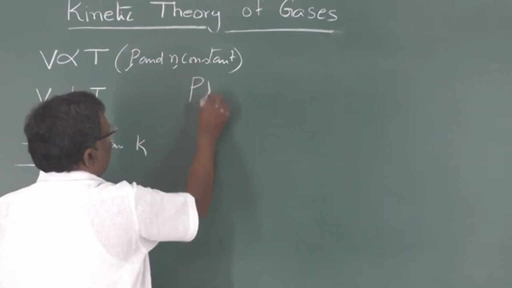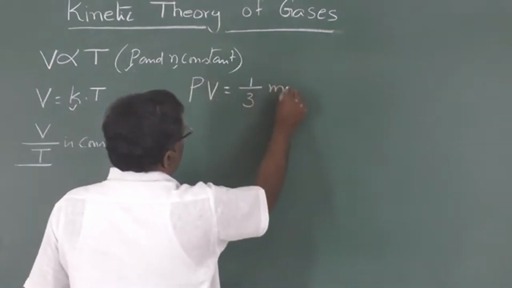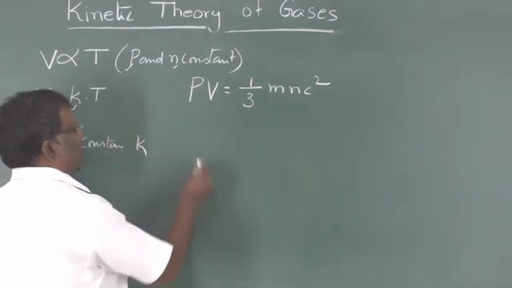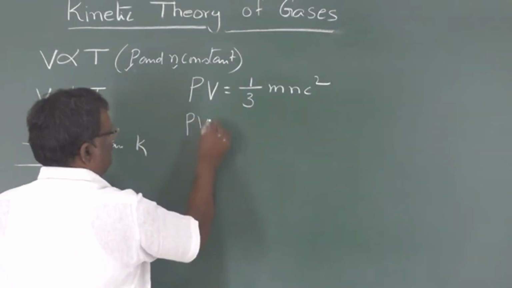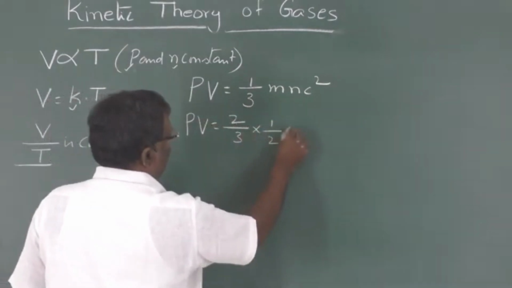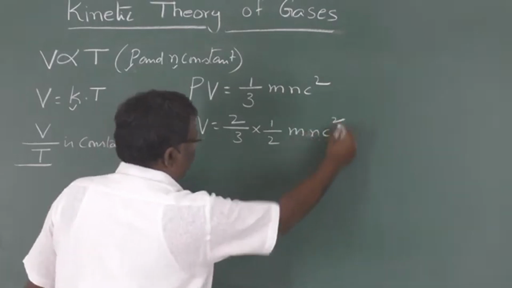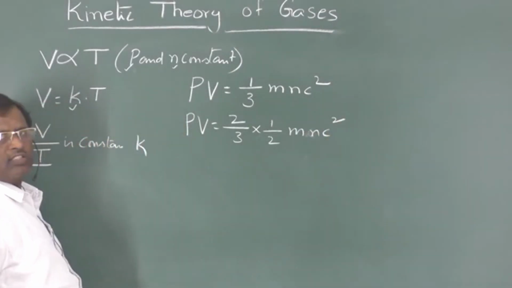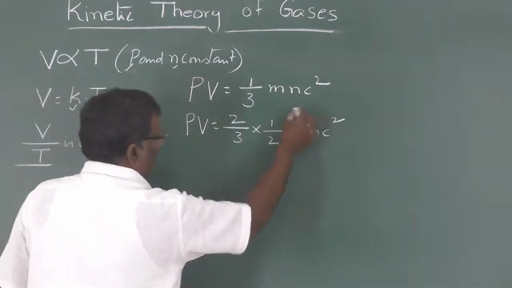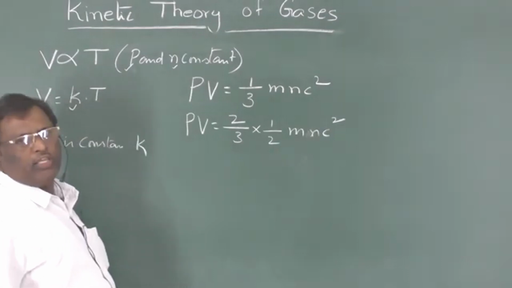According to the kinetic gas equation, PV is equal to 1/3 mnc square. This kinetic gas equation can be rewritten as PV is equal to 2/3 into half mnc square. Now, this half mnc square is nothing but the kinetic energy of N molecules.